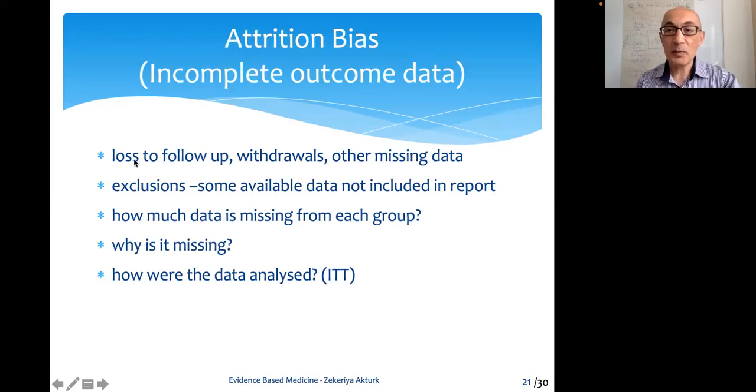Although you have, let's say, two study arms, one intervention and one control group, your participants might not follow your recommendations. You tell the intervention group, take this pill, take this aspirin, let us say, take this painkiller, and he might not take it.